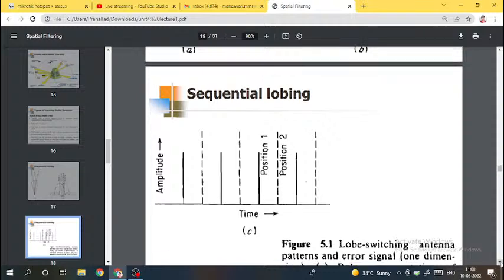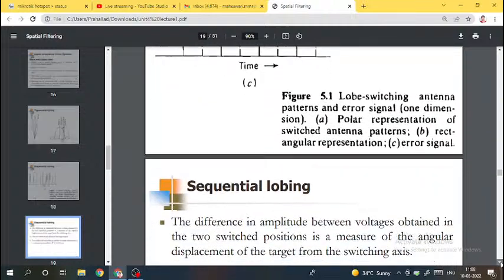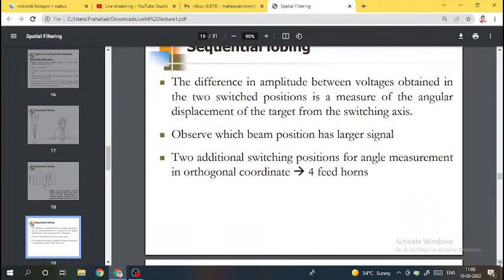For a two-dimensional case, you can go for 4 switching positions using 4 feed horns. You take a parabolic antenna with 4 feeds, and that will give 4 positions, right? Earlier I showed 2 positions, say right and left; you can go for 2 more positions, up and down.